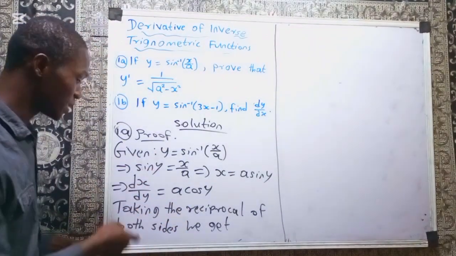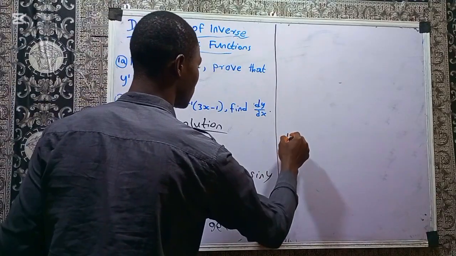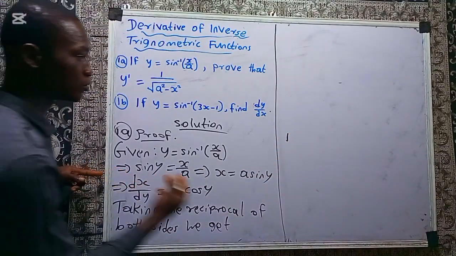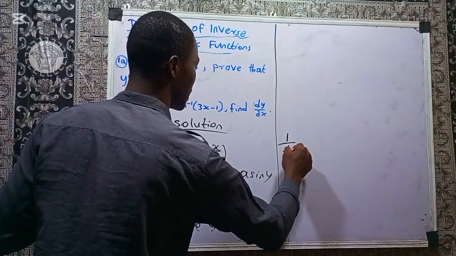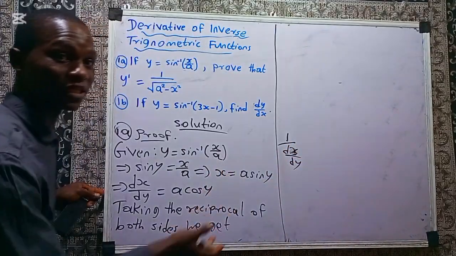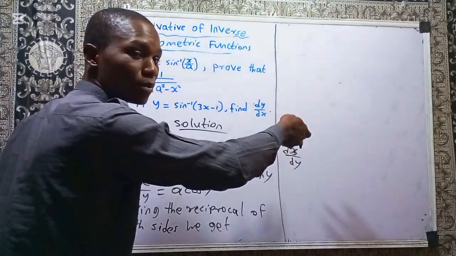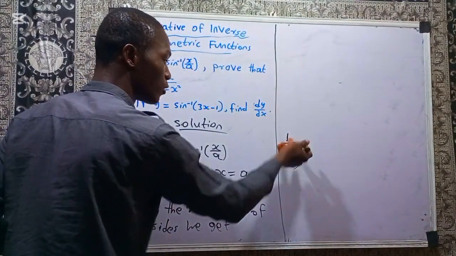Reciprocal means 1 over, right? You take reciprocal of this, just do 1 over at the left hand side. You do the same, 1 over dx/dy. If you do 1 over dx/dy, the denominator will come up and the numerator will come down, right?